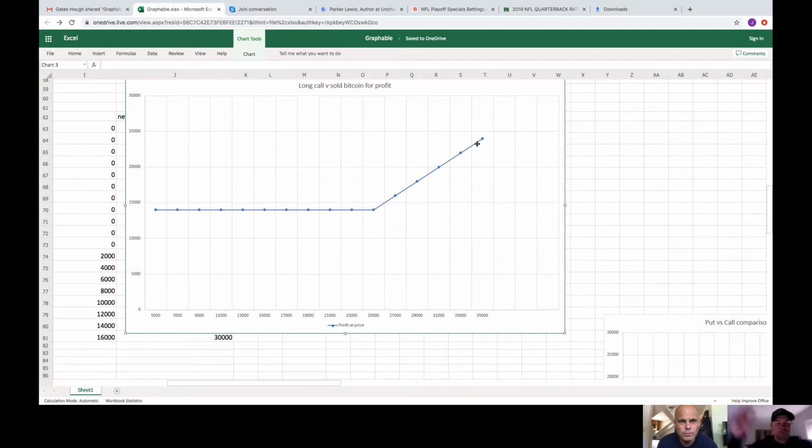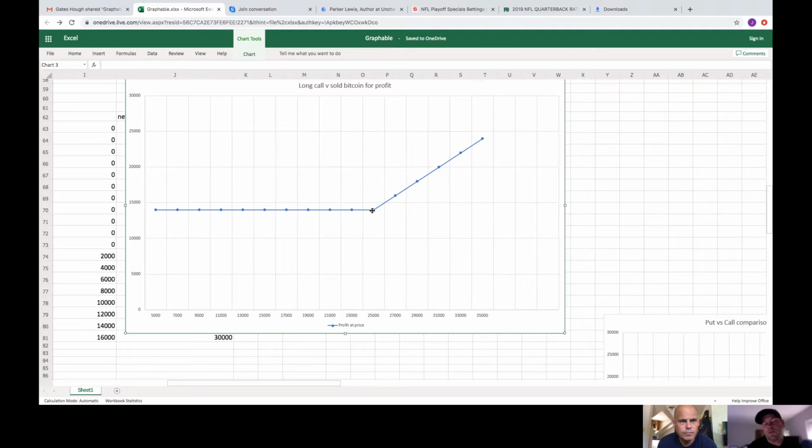But this, interestingly enough, is when you buy a call, and I sold my Bitcoin, but it's basically the same structure as the put, but this is actually a little more bearish because I put my floor at 14,000. What I've done is I've sacrificed my 20,000 to 25 profit window, and by sacrificing that, I've put in a higher floor.